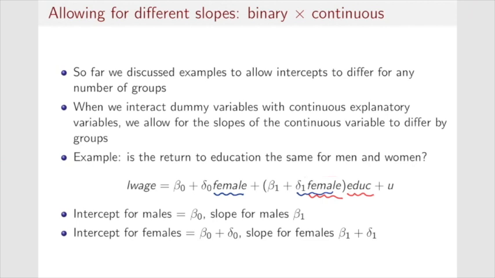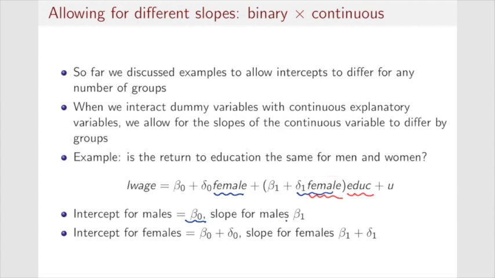With the interaction term between the dummy variable female and the continuous variable education, this model allows the marginal return for education to be different for males and females. If the dummy variable equals 0, then we have the population regression function for male workers.